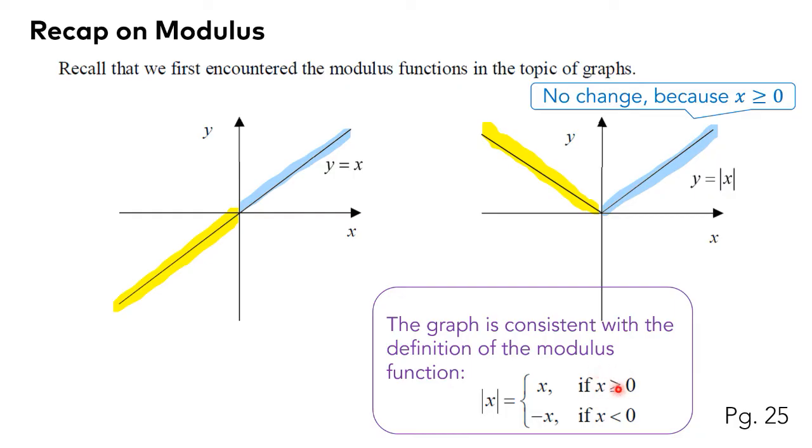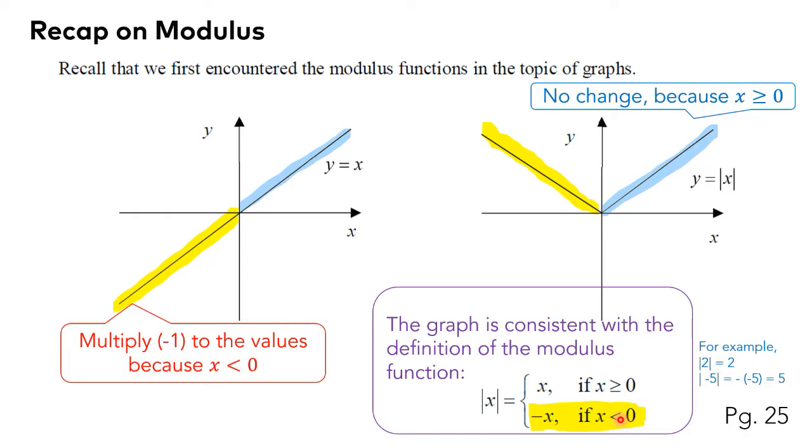However, when it comes to this x less than 0 part, so that's this portion here, what we have to do is multiply this negative 1 to the values of y, and that results in this reflection of the graph about the x-axis only for this portion. Okay, so that's why your graph looks like this.